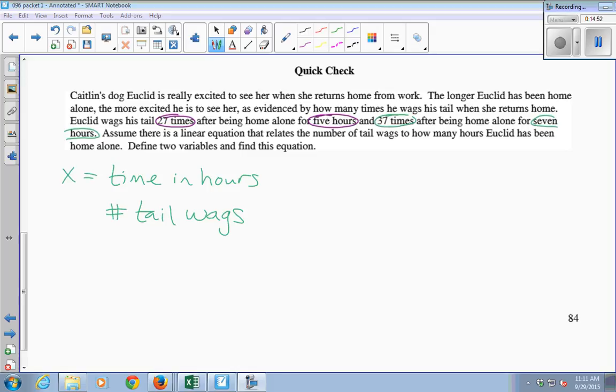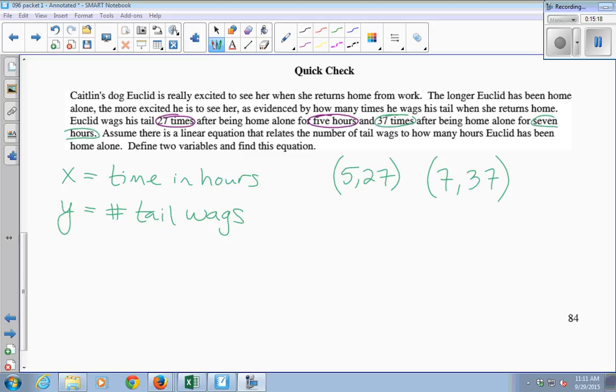We typically always make time the independent variable, the x. If it's not explicitly stated differently in the question, you can assume time is the x, or the independent variable. So my points are 5, 27, 5 hours, 27 tail wags, and 7 hours, 37 tail wags.